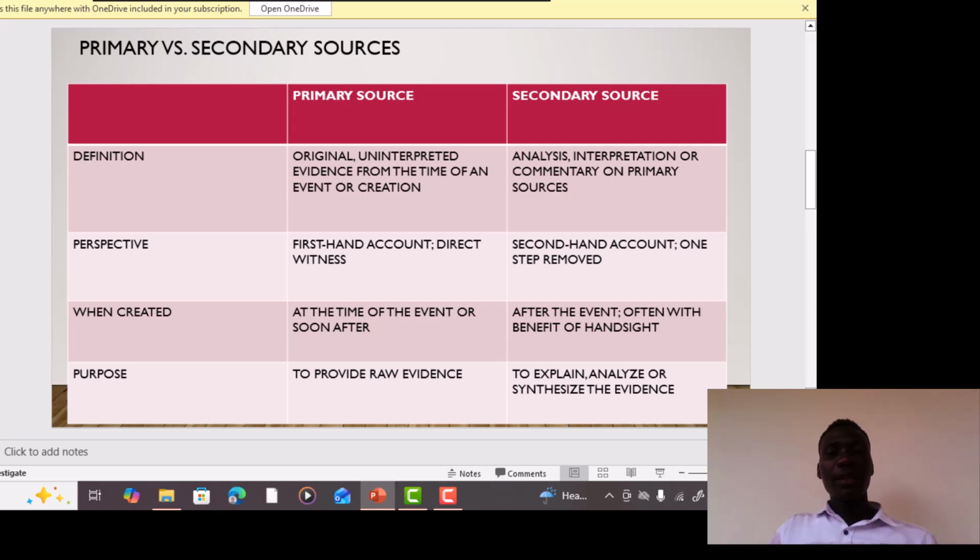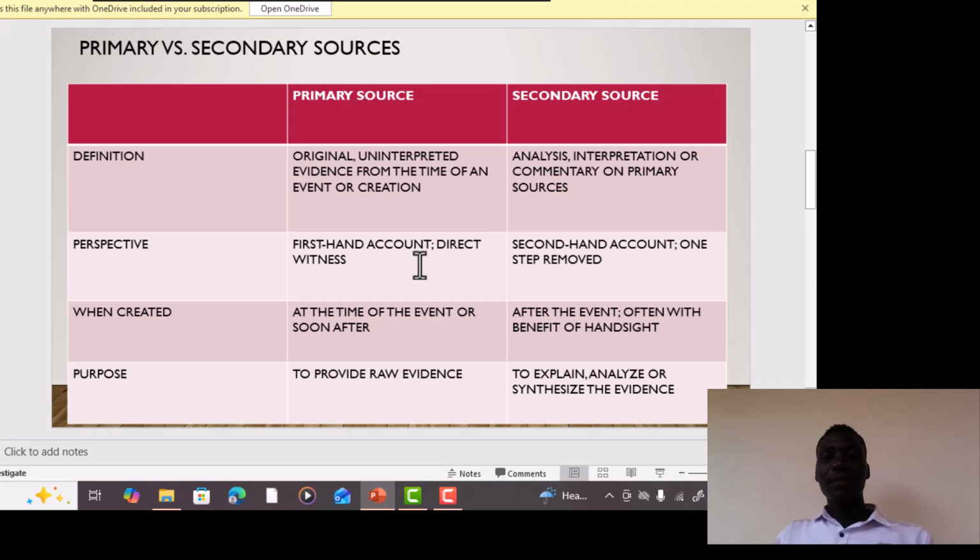Now let's look at this in terms of perspective. Primary information is basically a first-hand account, direct from the witness. It deals with a direct witness, someone who comes out with the information from the direct source.